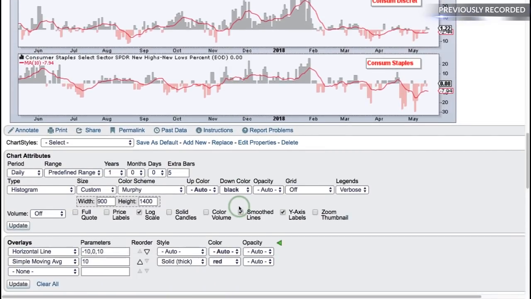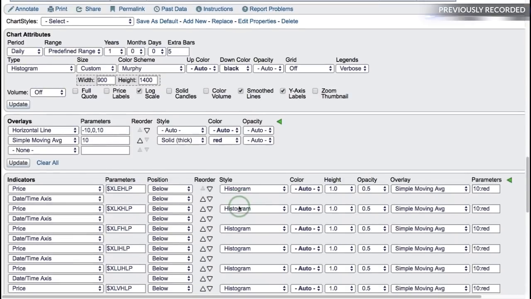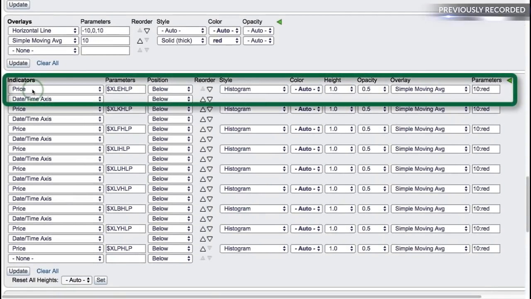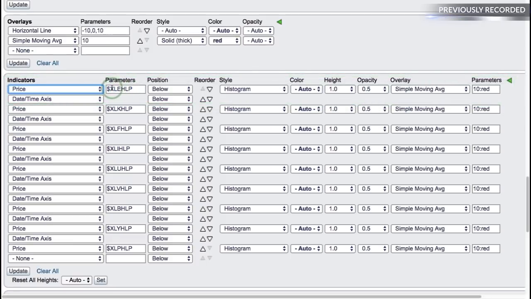So how did I create this chart? Well, you can see here I've got the high-low percent indicators added as an indicator. You choose price and then the symbol, and it's a dollar sign, and then HLP at the end, high-low percent, and in the middle you have the sector SPDR symbol: XLE, XLK, XLF.